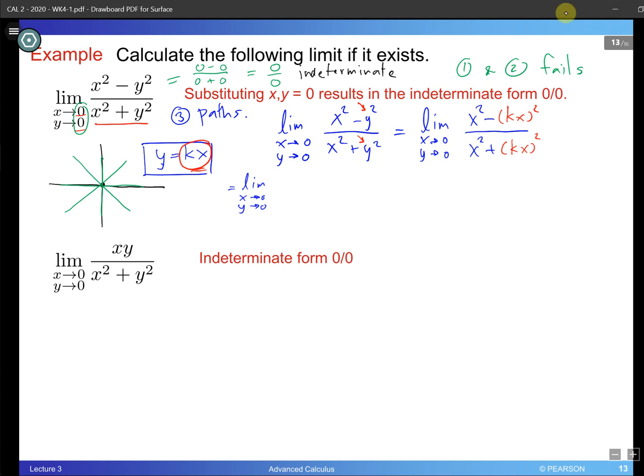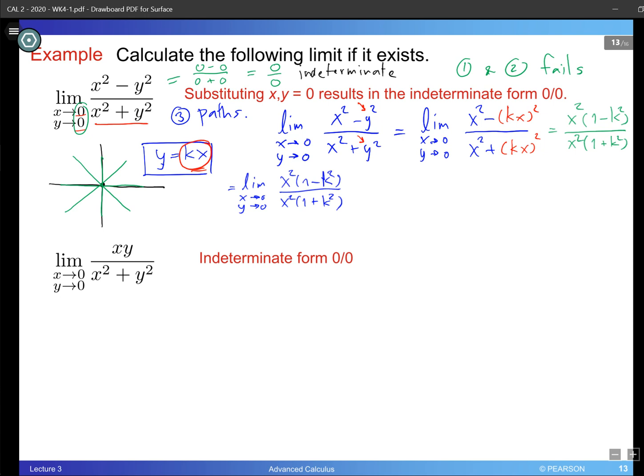And here at the top, let me work it out here. I'm going to take the common terms, that's going to be x squared. And here I have 1 minus k squared left in the parentheses. And here at the bottom, I have this x squared, and I'm going to have this 1 plus k squared left in there. So let's bring that to here. So in the end, I have this common factor of x squared at the front, 1 minus k squared, divided by x squared, 1 plus k squared.